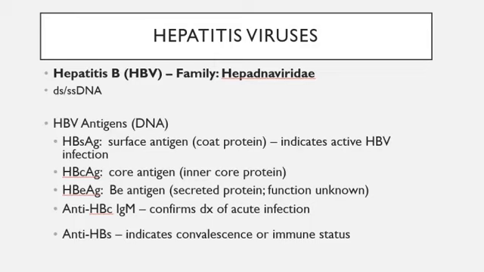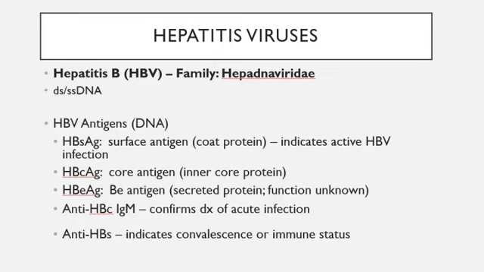The hepatitis B core antigens are the inner core proteins, and the hepatitis B e antigen is the one that is secreted, and the function is really unknown.